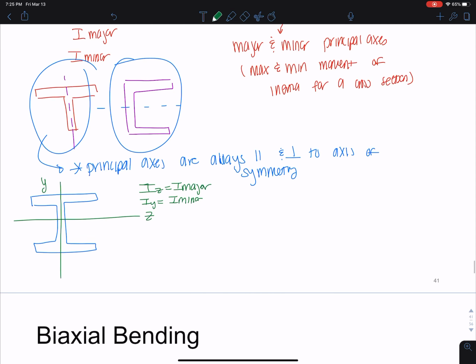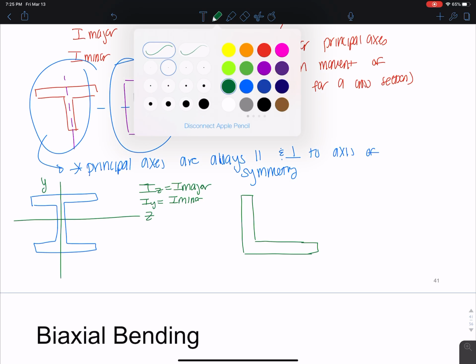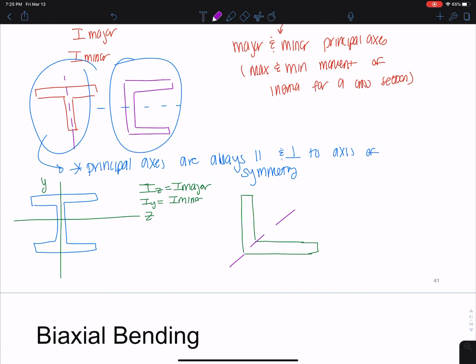We can do the same thing for something that looks like this, although we're not going to necessarily get into shapes as complicated again, but our axis of symmetry here would be here. So this would be my z, and then all I need to do is go perpendicular to that at the centroid.